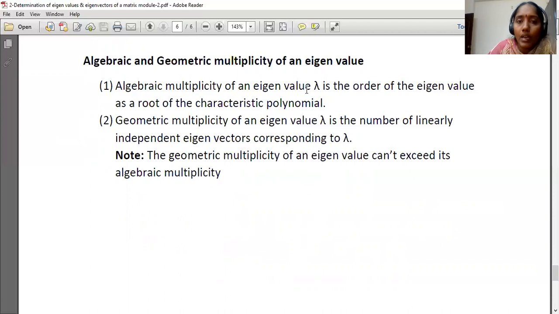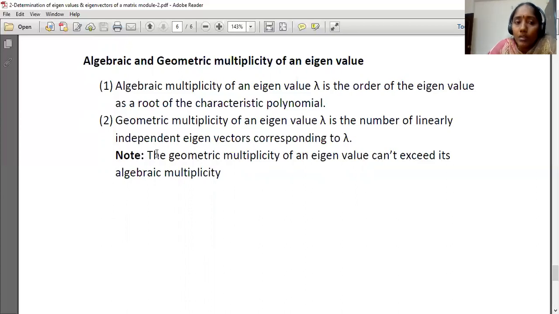So algebraic multiplicity means how many times lambda is repeated. Geometric multiplicity means how many eigenvectors correspond to the eigenvalue.